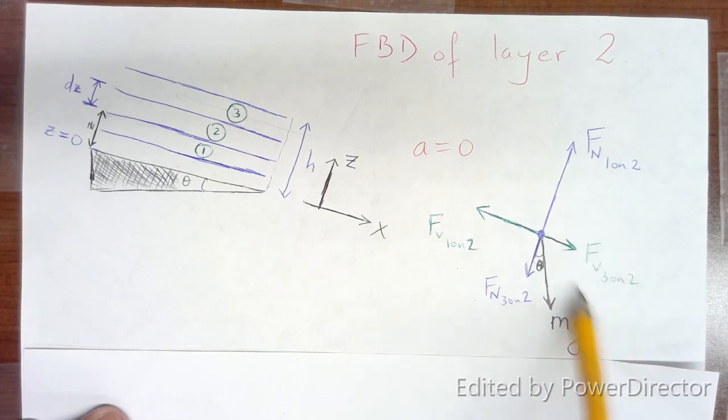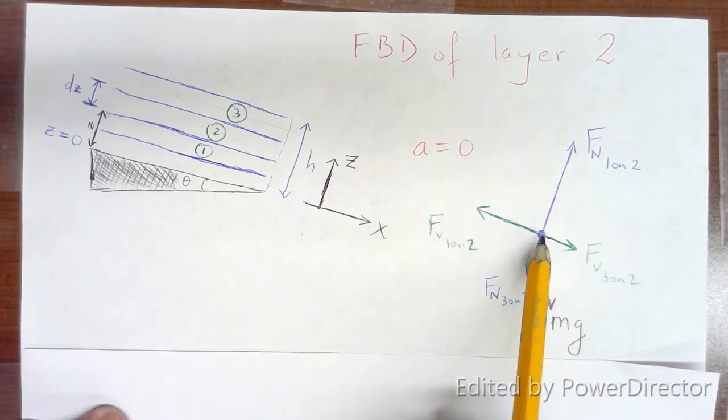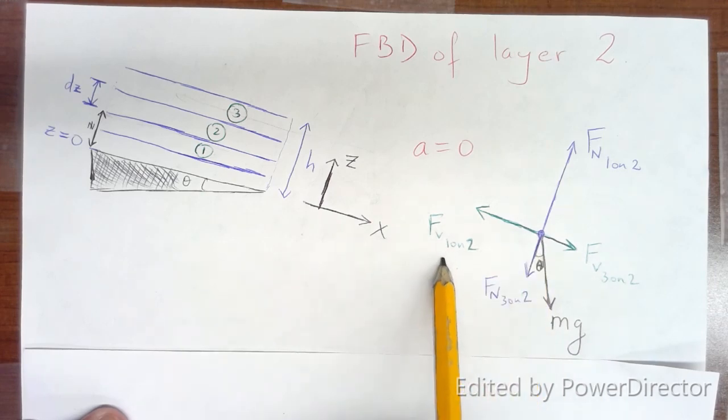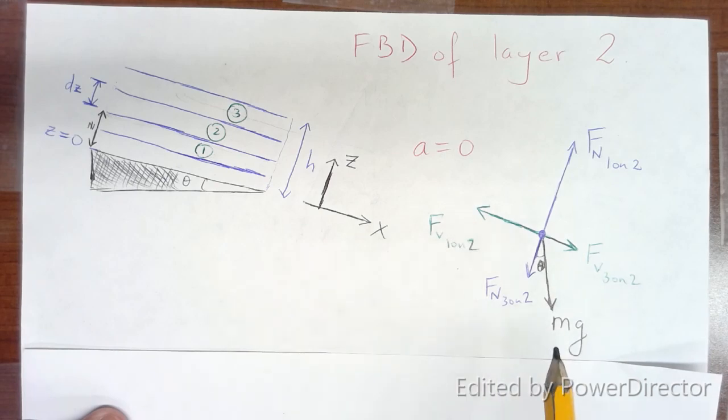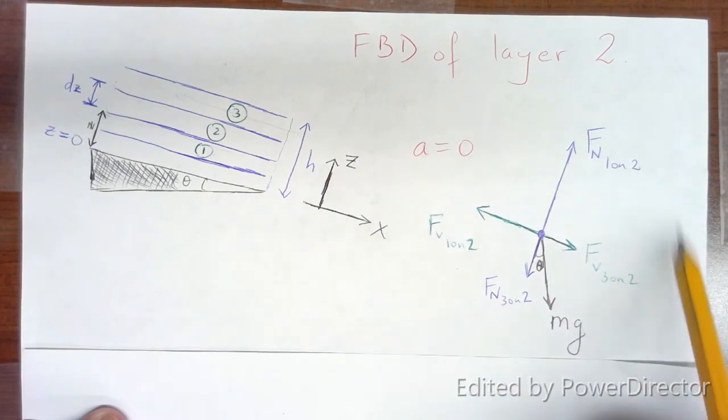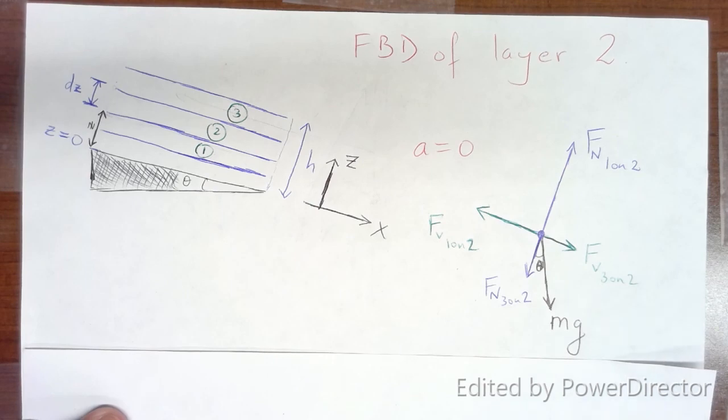So the viscous force of 3 on 2 is pointing forward, trying to speed it up. The viscous force of layer 1 on layer 2 is pointing in the opposite direction, trying to slow it down. And what we're looking at is the steady flow situation where all these forces will balance out and we have a net acceleration of 0.